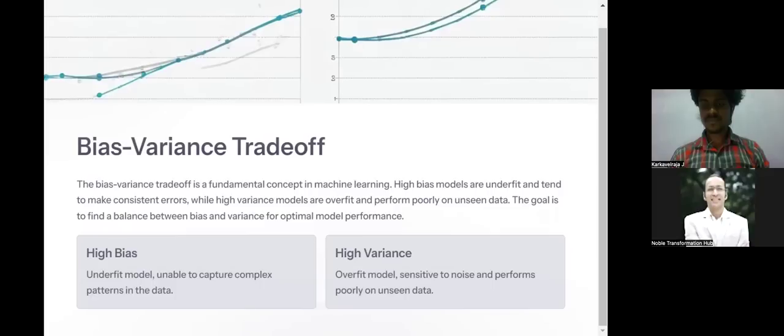Overfit captures the noisy data, like outliers, which is not relevant, and then it will not learn from the unseen data. Here, high bias does not capture the complex patterns in the data, which is again unseen data.